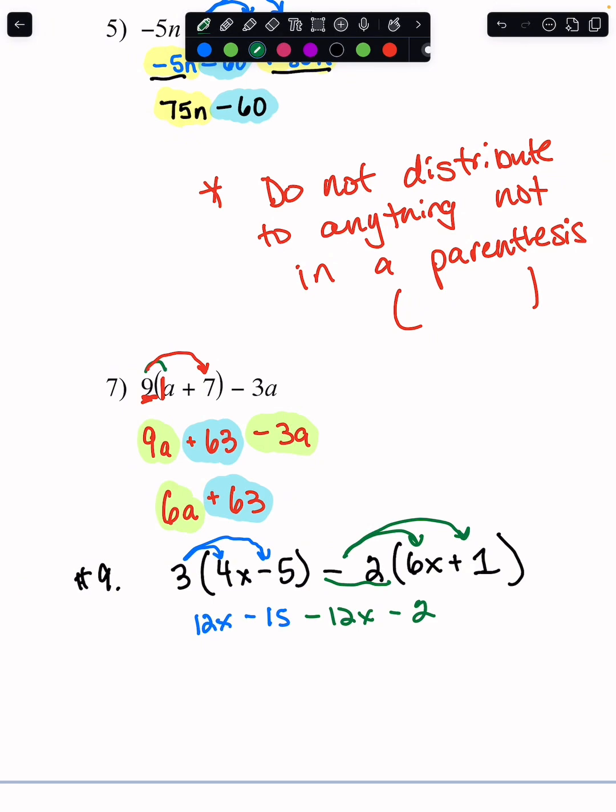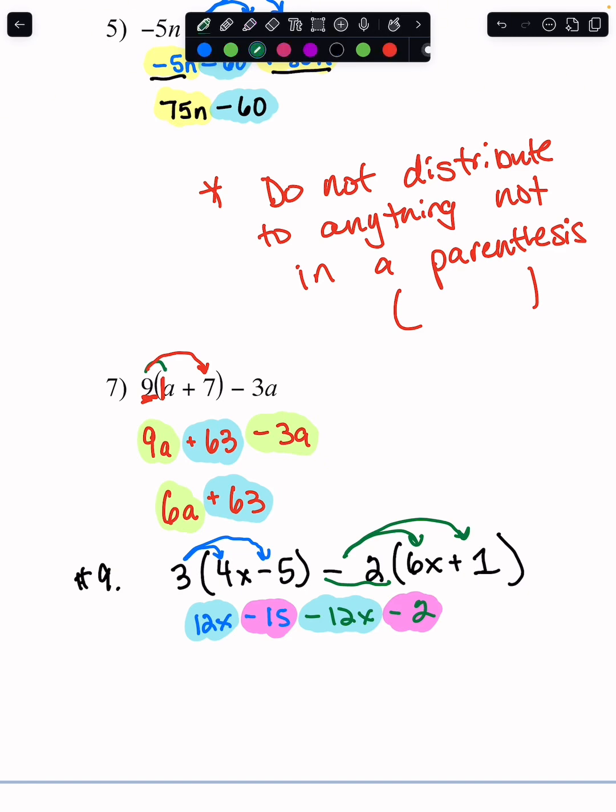And then let's go ahead and combine our like terms. So I have some x's right there, and I have some x's right there. And then I have a constant here and a constant here. What is 12x minus 12x? Students all the time want to say, okay, 12 minus 12 is 0. We just have one x. That is not right.